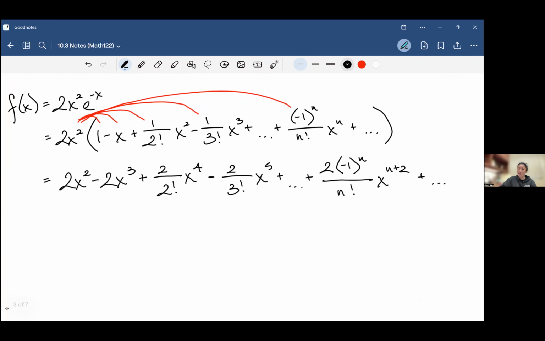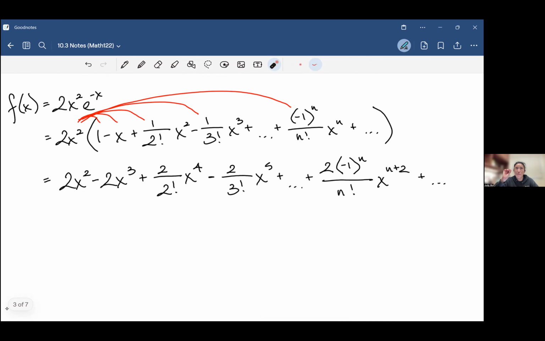Now, here's a hint that I hope will be helpful. I think a lot of times in earlier math, we're used to just using our calculator and dividing out the numbers, which has its time and its place. But I think especially when we're working with series, it's a fine line between simplifying and simplifying too far.